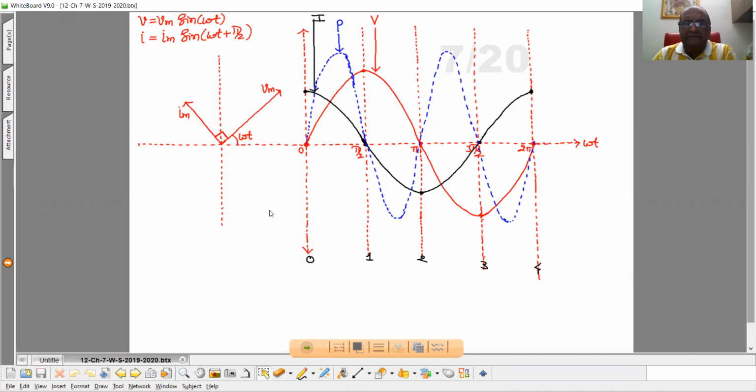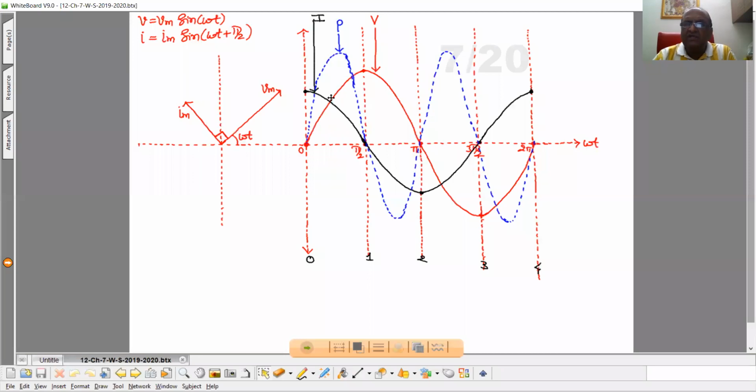Now suppose we think about the graphs of voltage, current, and power versus omega t. V equal to Vm sin omega t, so this red curve is the graph of voltage. Then Im sin omega t plus pi by 2 means Im cos omega t, so this is the cosine curve for current, and this is power.